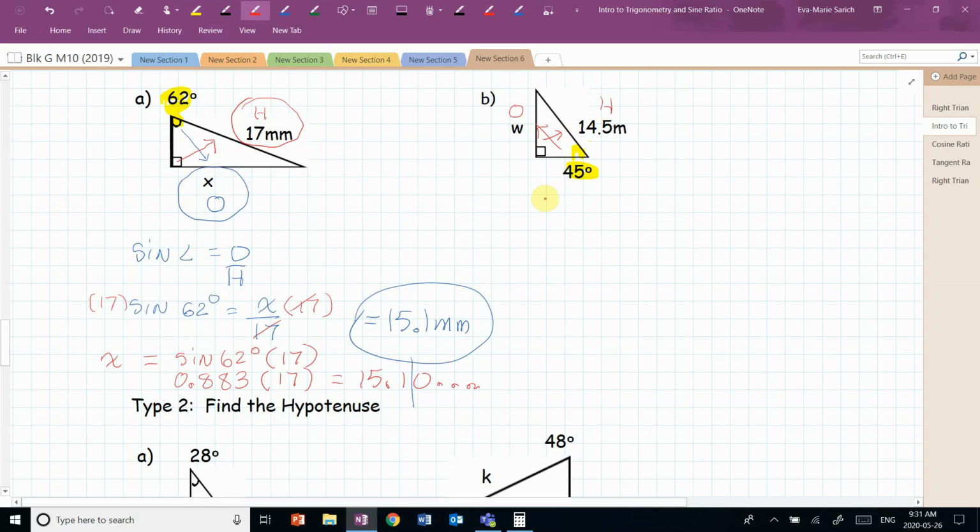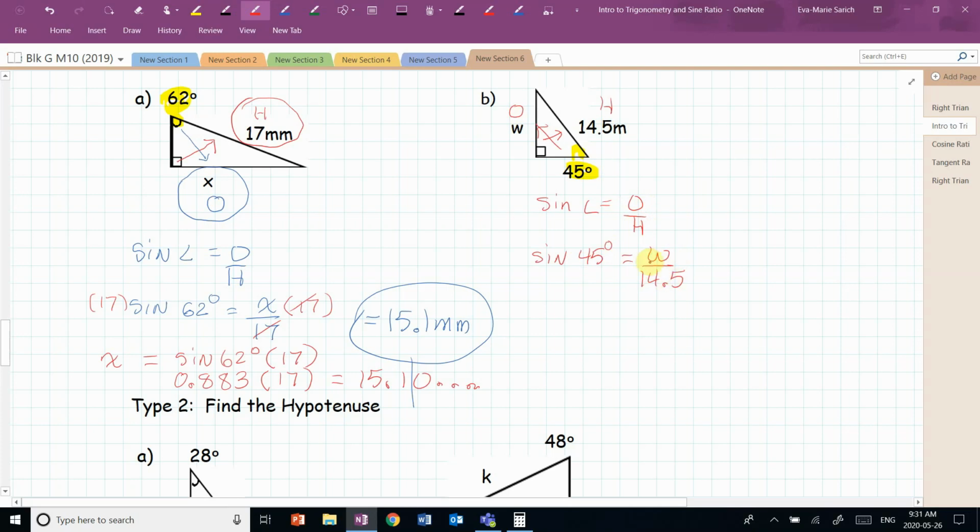Here's our ratio: the sine of an angle is equal to the opposite over the hypotenuse. Substitute in the three pieces of information we have. The angle is 45, so the sine of 45 degrees is equal to our opposite, which is W, and our hypotenuse is 14.5, so the hypotenuse at the bottom is 14.5.